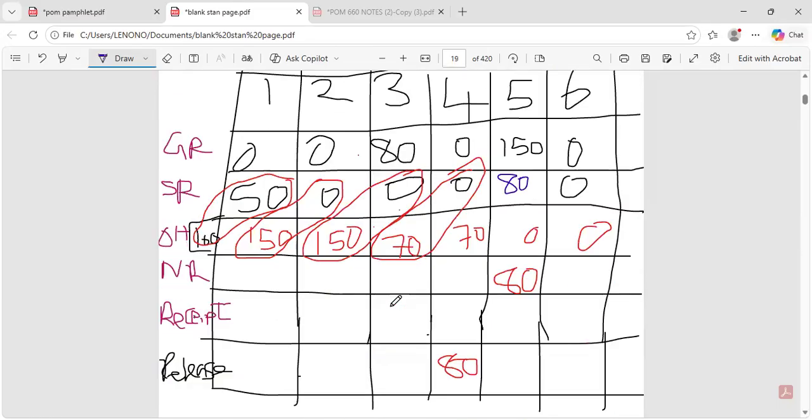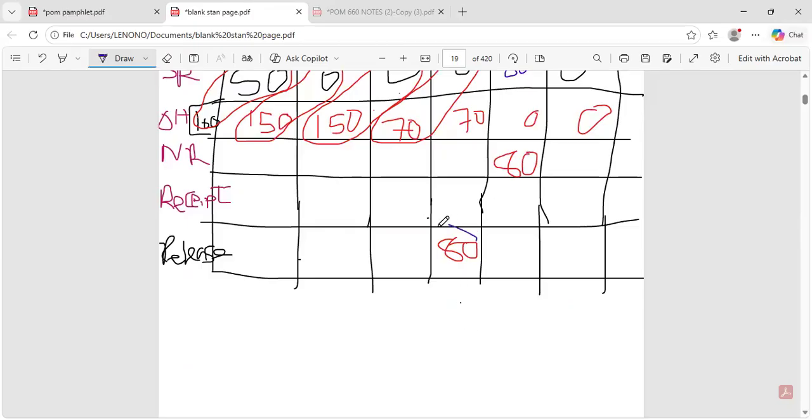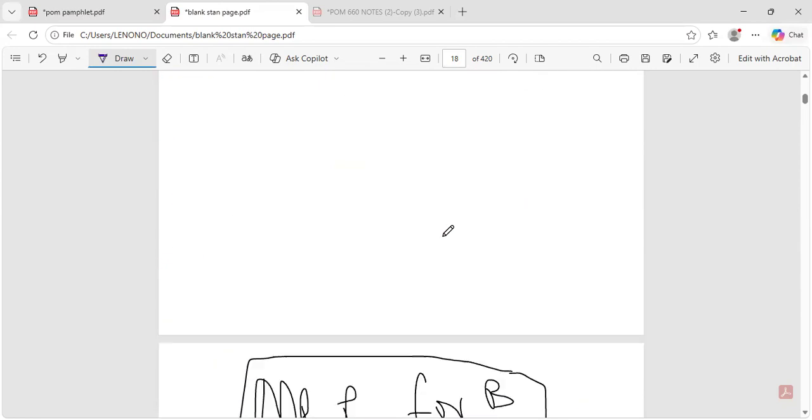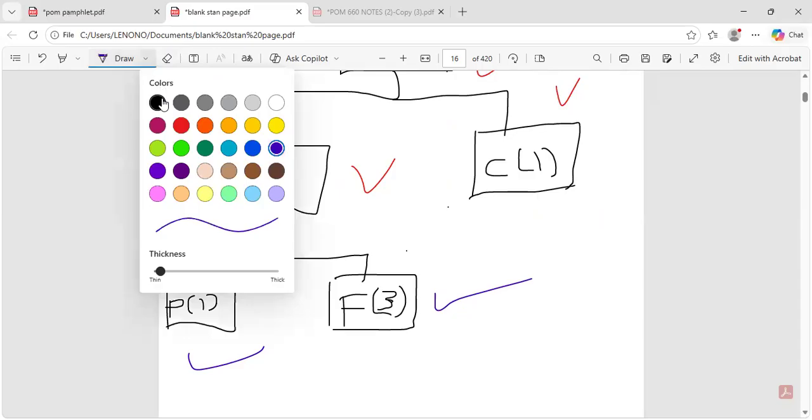B is this one. The release is 80, which is this 80 here. So you multiply this 80 by 3, because it's saying F is coming from B, but by 3. Is that okay?